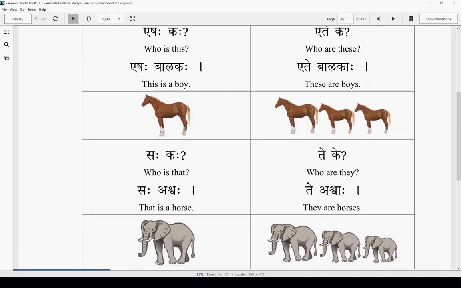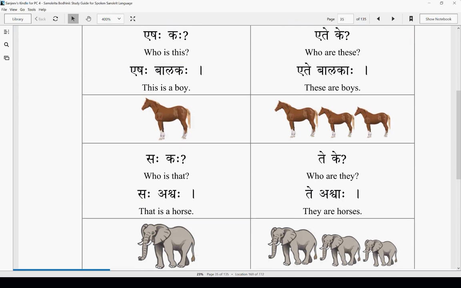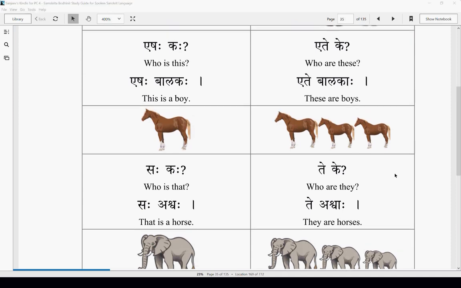Okay, next one, Saha. Saha Kaha. Saha Ashvaha. Te Ke. Te Ashvaha. So here what is happening? Eshaha changed to Ete, and Saha changed to Te in the plural. Kaha changed to Ke.